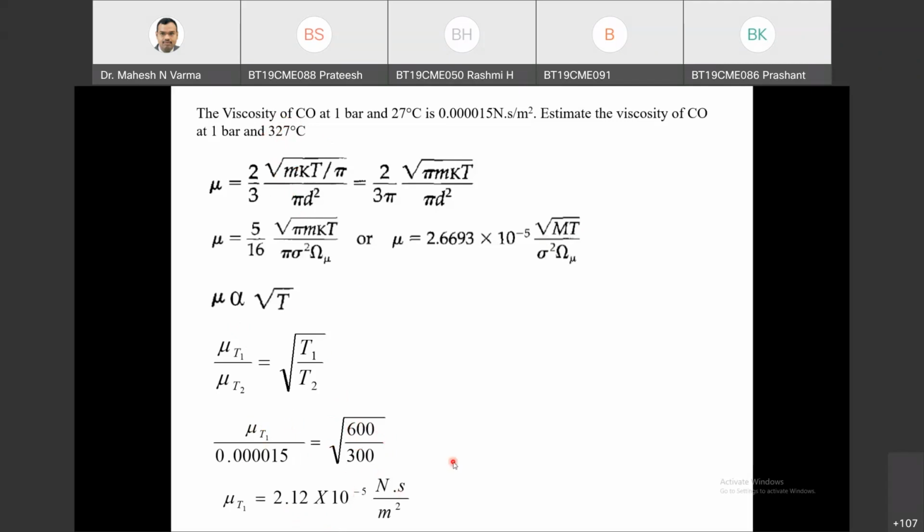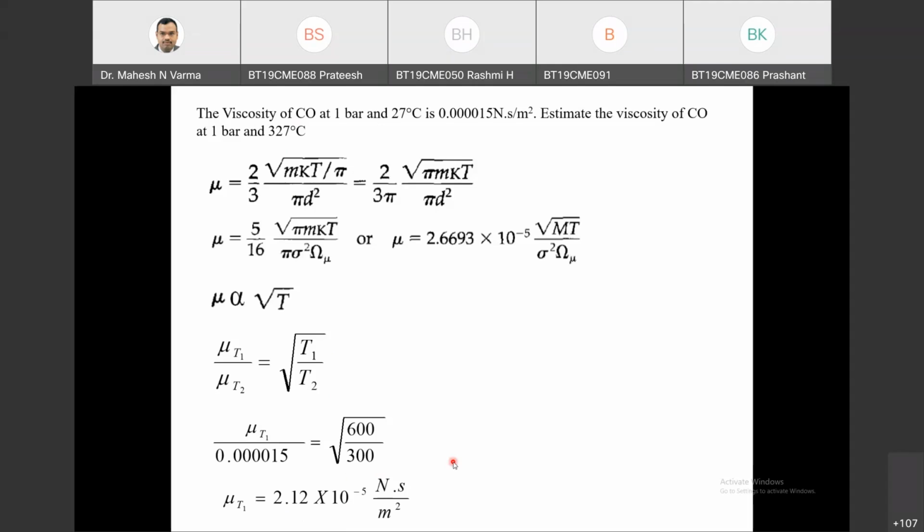So hope you understood our strategy, how to deal with estimation of viscosity, thermal conductivity and diffusivity. We are not going to go into details of the derivation of these equations. We will only touch upon a few fundamental equations which can be used for estimation, and use them for the purpose.